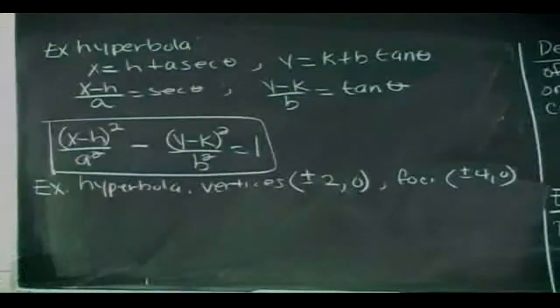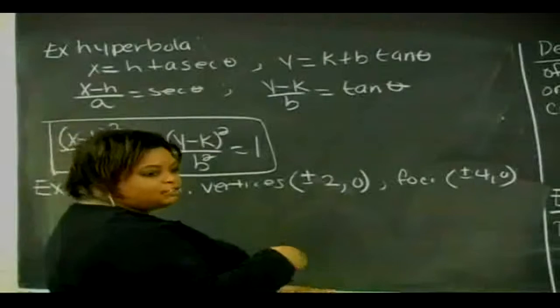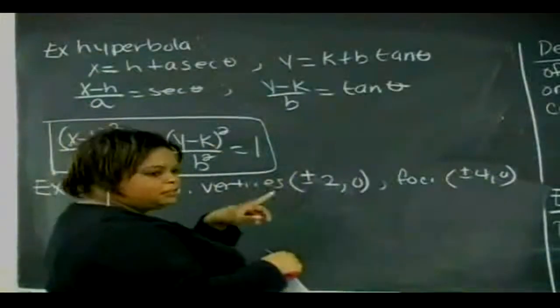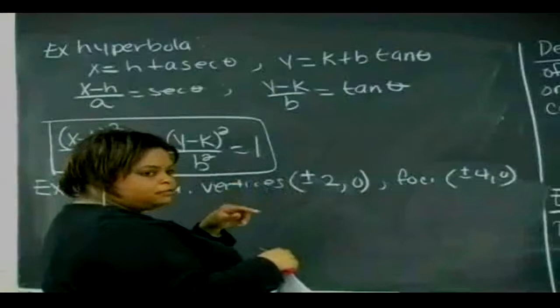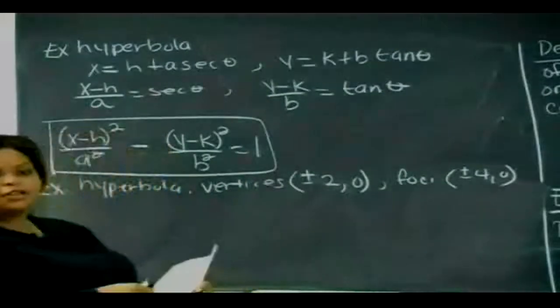What do I know about the vertices and the foci here? The vertices are a units from the what? The center. And because I have no number in front of this, I know my center is going to be the origin, 0, 0.